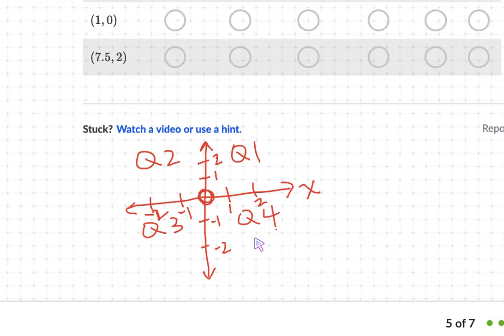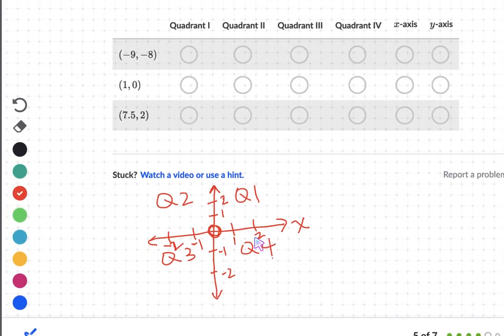Now that I have this little cheat sheet sketch, I'm going to try and plot these points, kind of, okay? Just gonna ballpark it. So if I'm gonna plot -9, -8, I'm going to start at my origin. I have to go to -9. Negatives on the x-axis, walking, would be to the left.